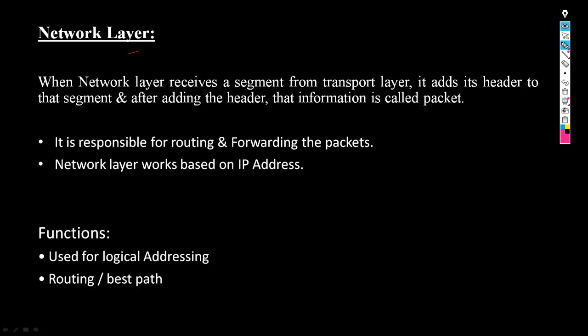When network layer receives a segment from transport layer, it adds its header to that, and after adding that header, that information is called packet, and it works based on IP address. So segment plus IP header equals packet.